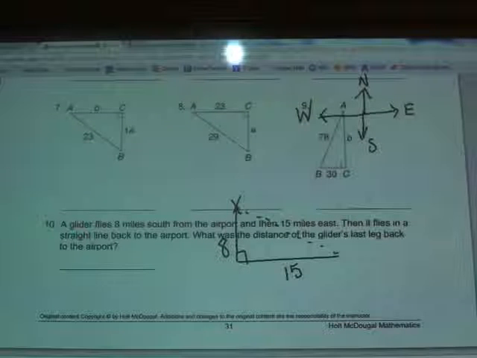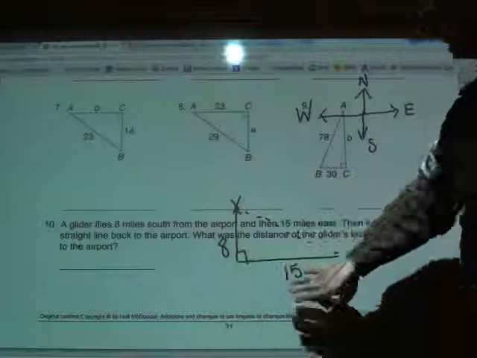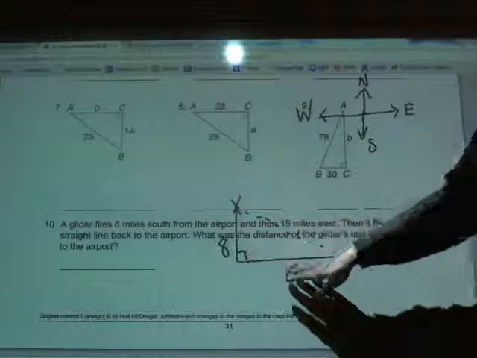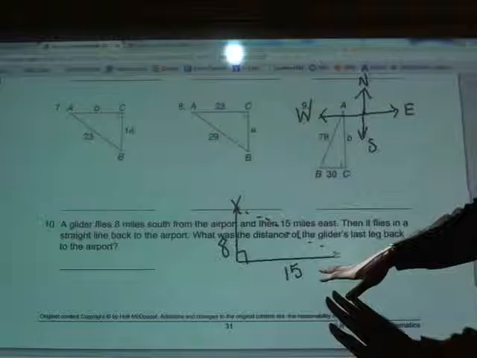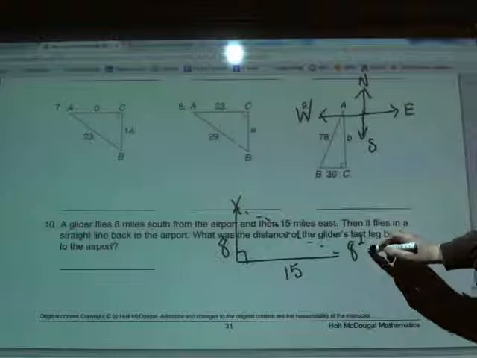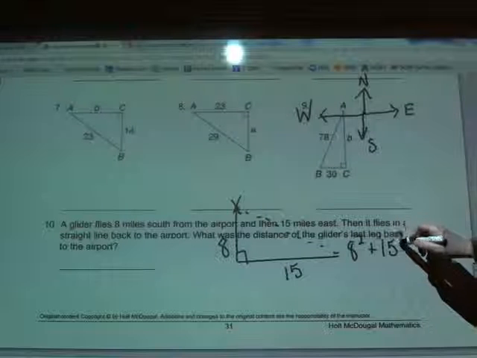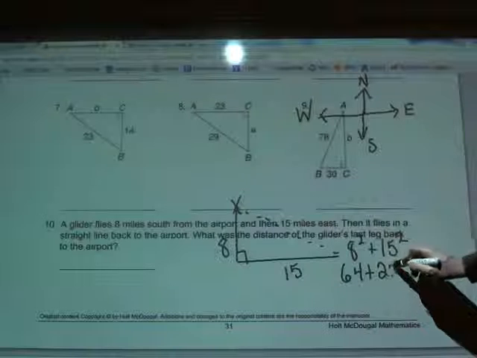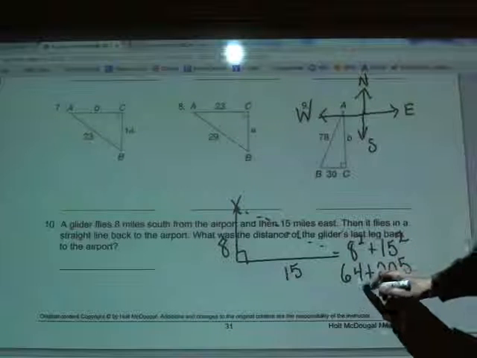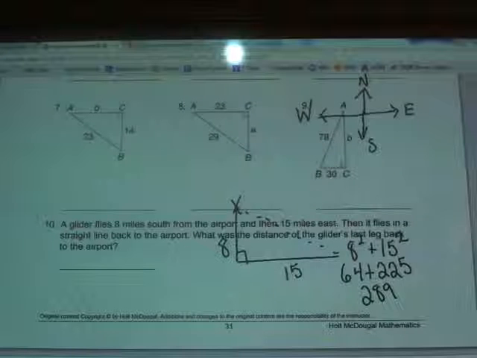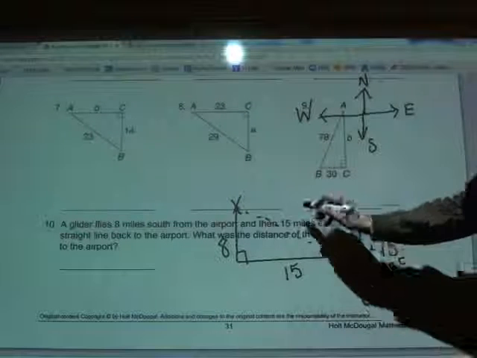Now, notice what they've given us here is the two legs, because they've given us the two sides that make the right angle. So all I'm going to do is square these up to start, and then add. So I've got 8 squared plus 15 squared, which is equivalent to 64 plus 225. Just going to add up to make 289. And remember, when we do that, that's going to be equivalent to the hypotenuse squared.